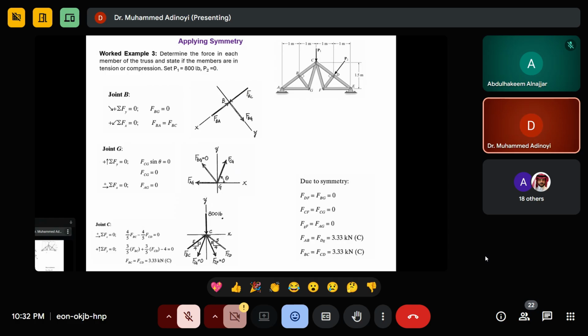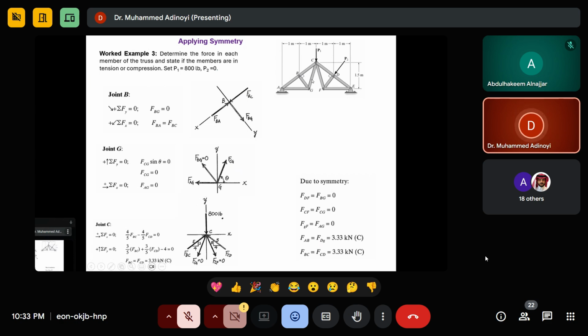Is it clear? Yes, Doctor, clear. So then the same thing, sum of F_y is 0, then FBG is 0. We start from joint B. After I solve that, I will know this, then I can come and do joint G, because I already know FBG.